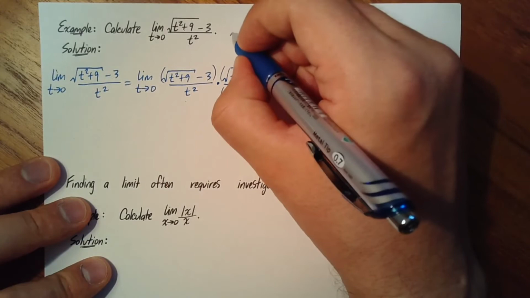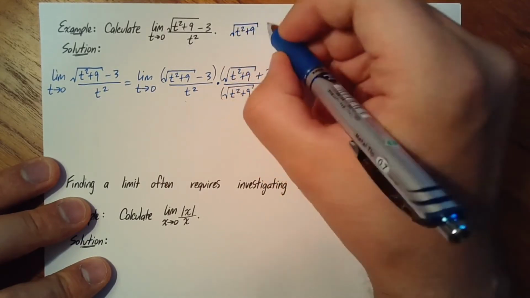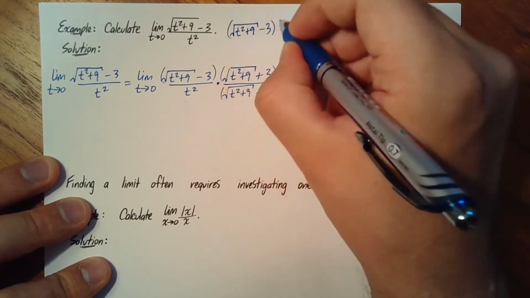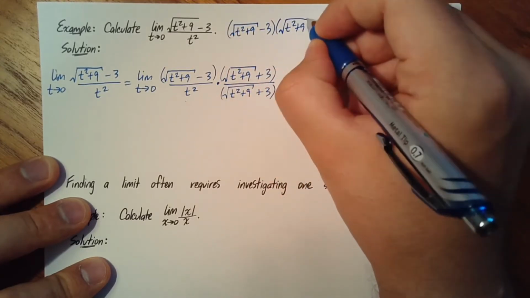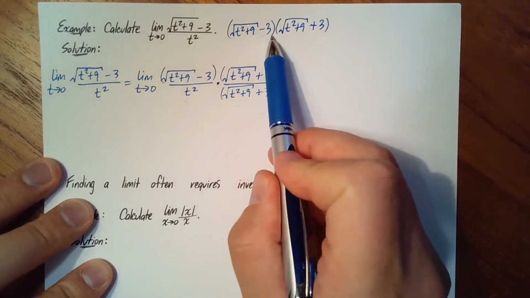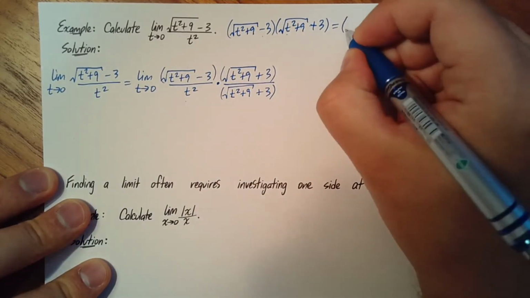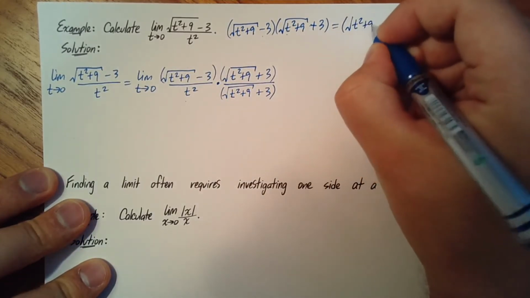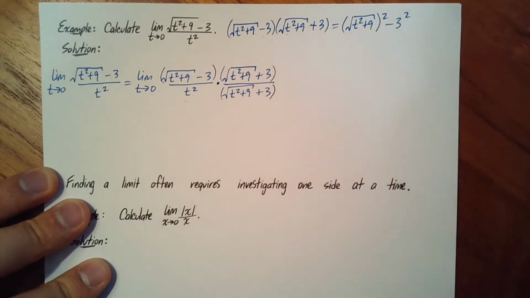So the new numerator, when we perform the multiplication, let's work out what the difference of squares would be. If you actually multiply the numerators, it's like a minus b times a plus b. So you're going to get root t squared plus 9, all squared, minus 3 squared.